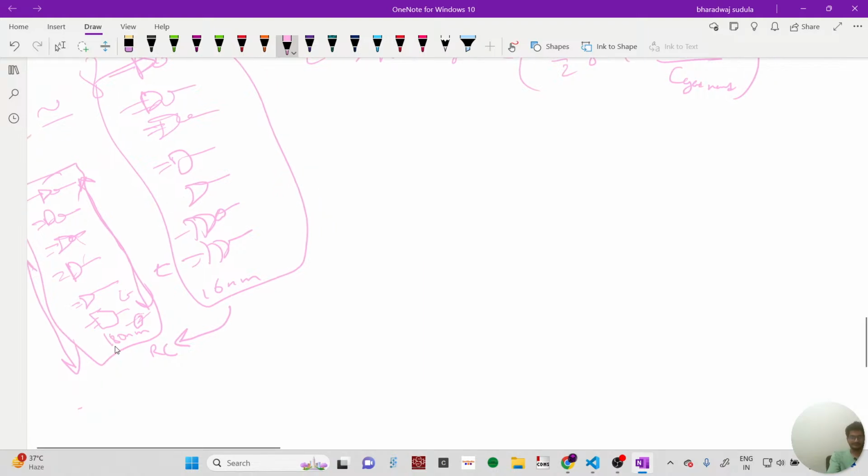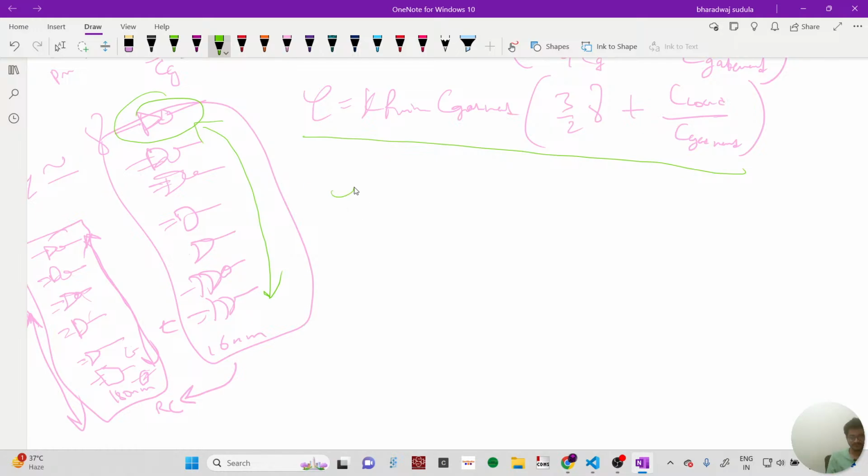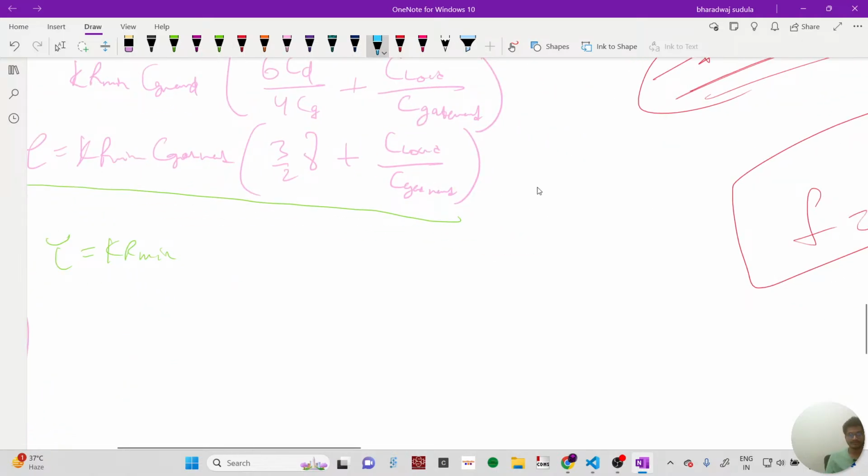Let's do one thing. Let's describe any gate in terms of an inverter. So that if I characterize the inverter, I can characterize every gate with these relations. We'll get some numbers. So tau K R min. C G NAND is equal to 4C.